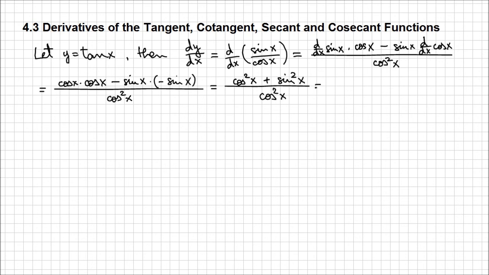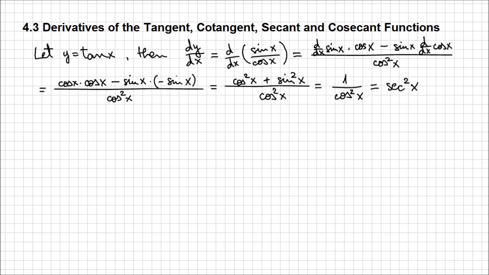According to the fundamental identity of trigonometry, cosine square of x plus sine square of x is equal to 1. This expression is going to be equal to 1 over cosine square of x. And as we know, 1 over cosine of x is a reciprocal function, and because it was squared, it's secant square of x. So this is what the derivative of tangent of x equals.